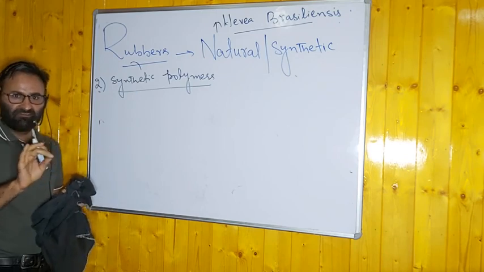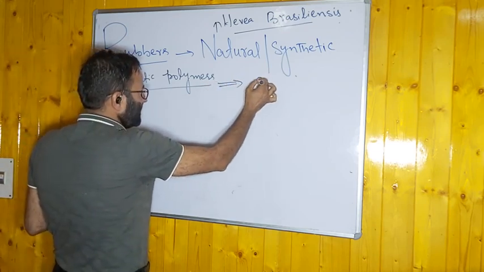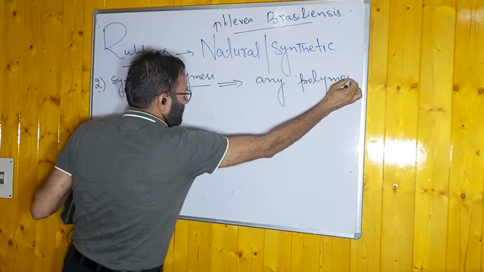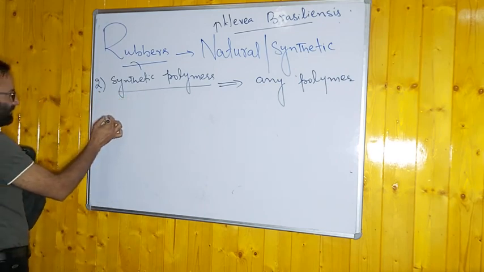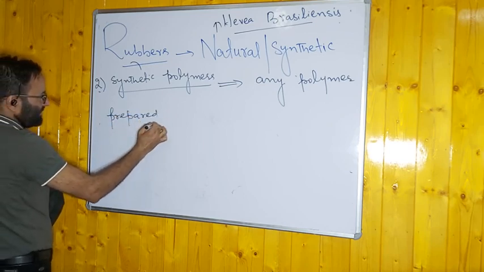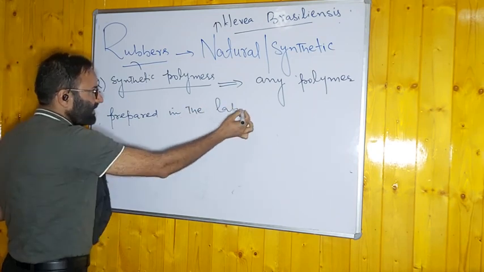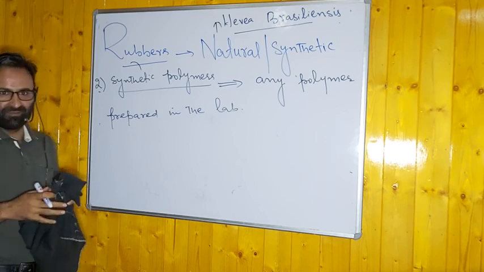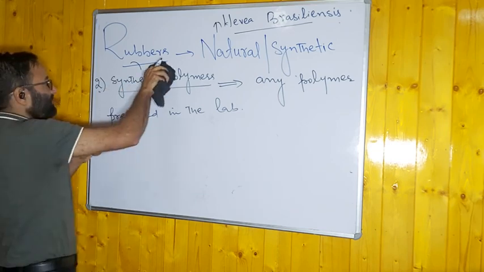This is the definition. Synthetic means man-made; they can be prepared in the lab. Any polymer prepared in the lab that resembles the natural polymer, the natural rubber, is a synthetic polymer.